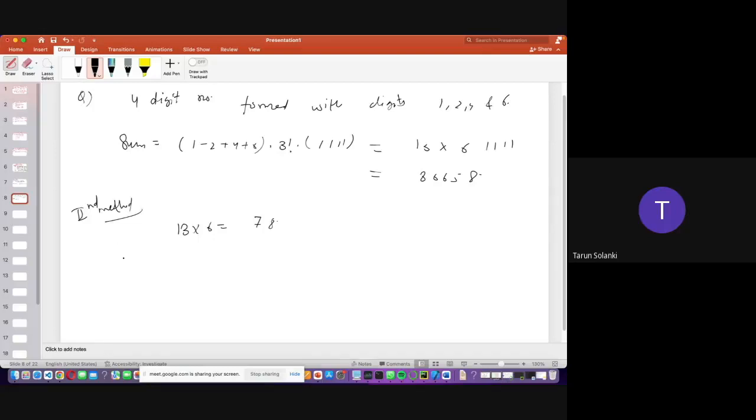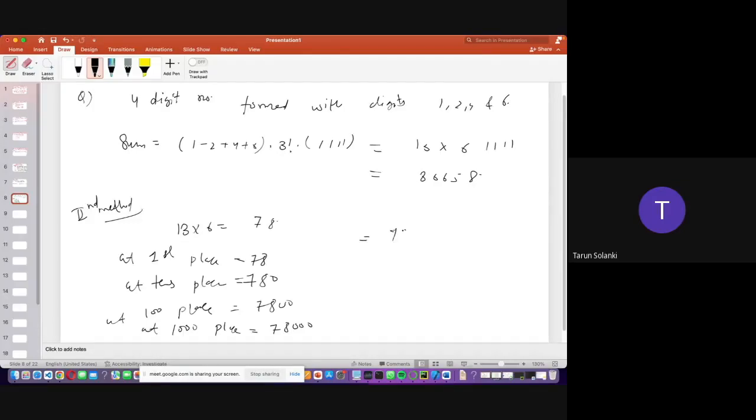So now at the unit place 78, at tens place 780, at hundreds place 7800, at thousands place 78000. So the required sum is 78 plus 780 plus 7800 plus 78000. So it will become 86658.